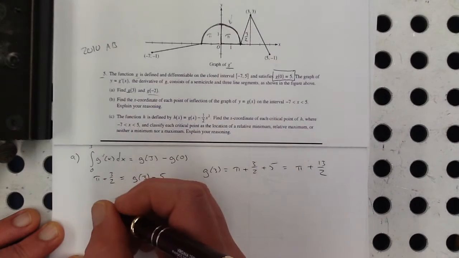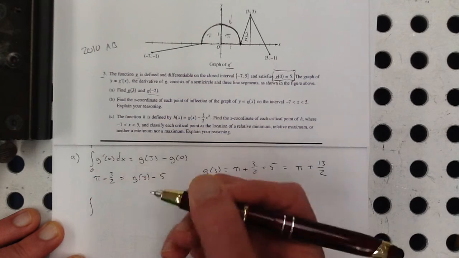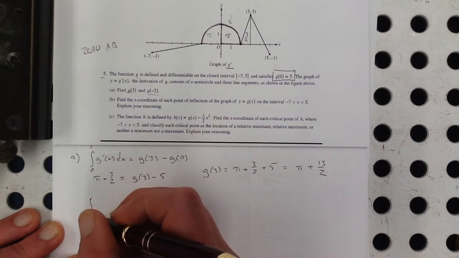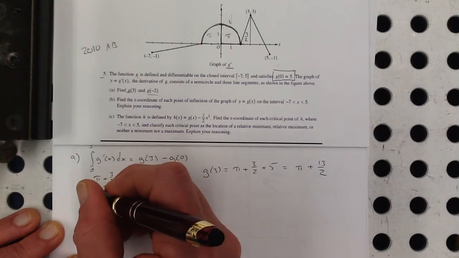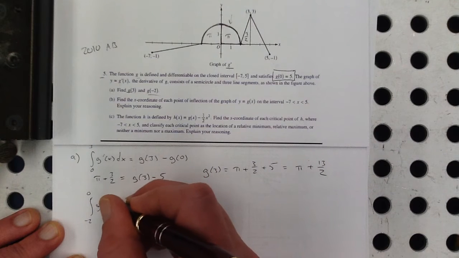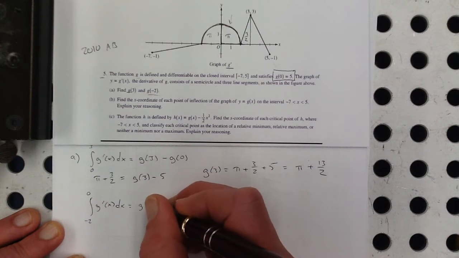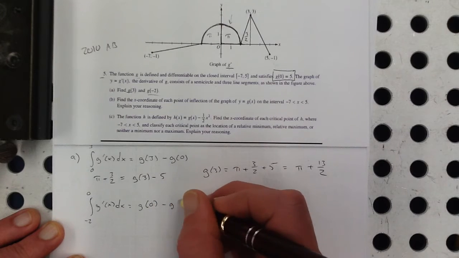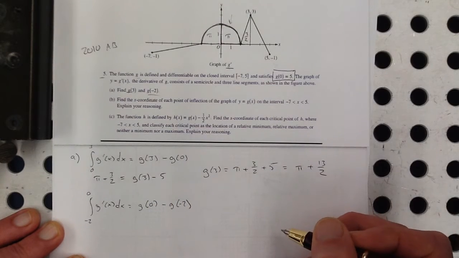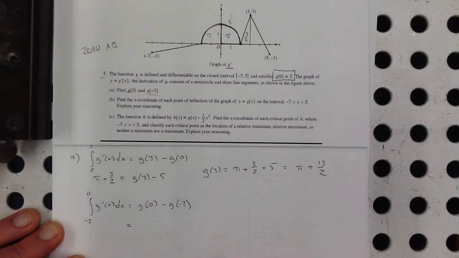All right, we're also supposed to find g of -2. So to keep things going in the right direction, I'm going to go from -2 to 0. Alright, so this, some more geometry.